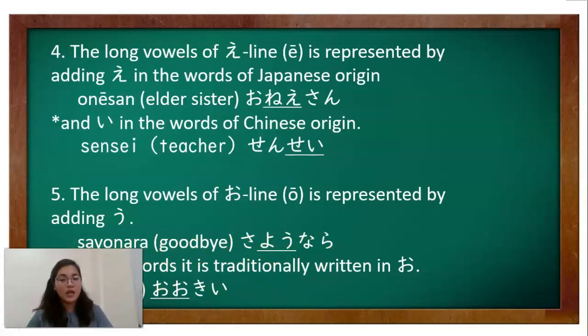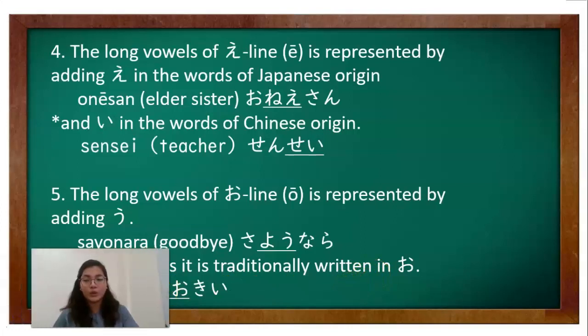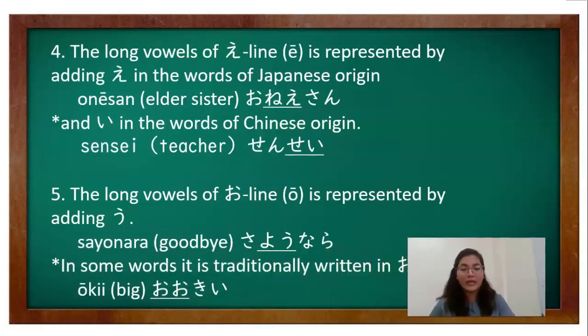Okay? In some words, it is traditionally written with o. For example, the word ookii. Ookii means big.